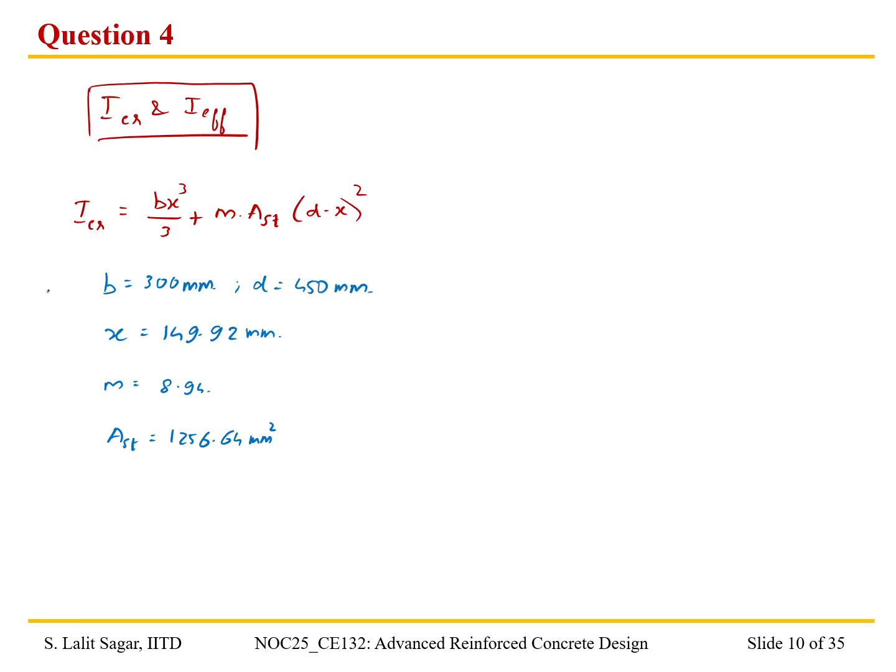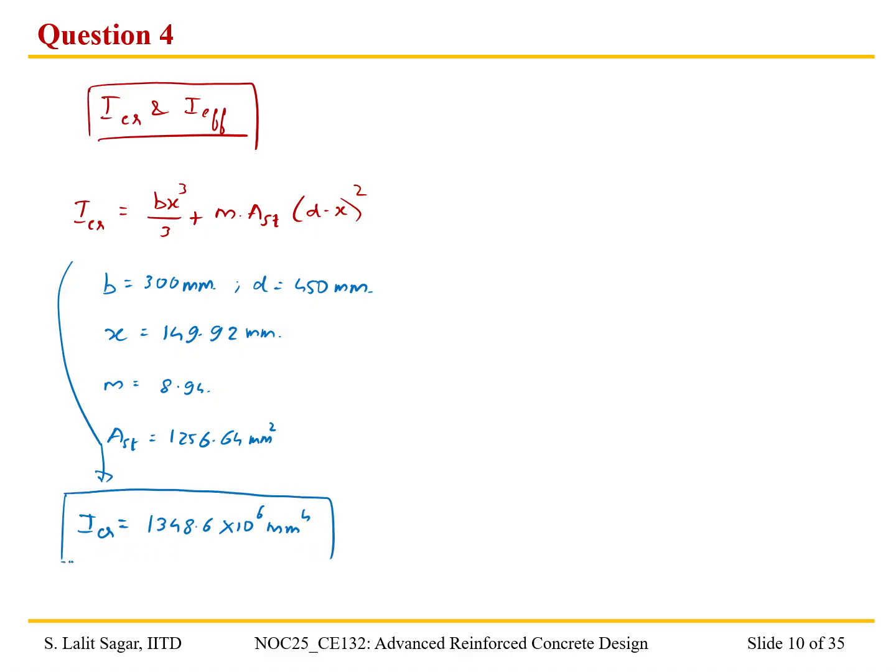When we plug all these values in this particular equation, I'm skipping the substitution part, which you can just substitute and see. We get the value of ICR as 1348.6 into 10 to the power 6 millimeter power 4.